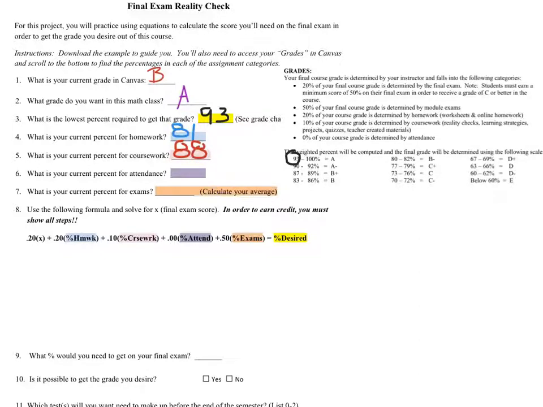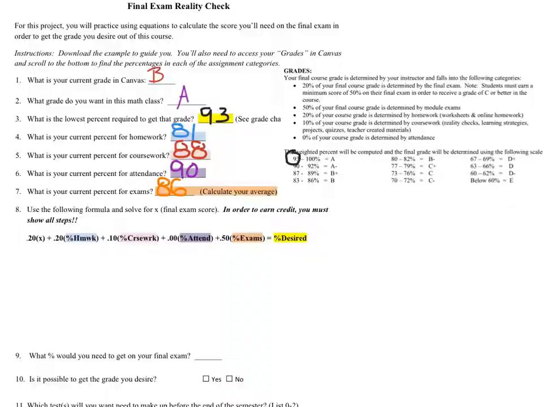For attendance, and we'll see in this class that it doesn't really matter, but we'll just go ahead and put maybe you've been there 90% of the time, okay? So 90%. And what is our current percent for exams? What the heck? We'll say 86%, okay? And we'll assume that this makes up a B grade student.